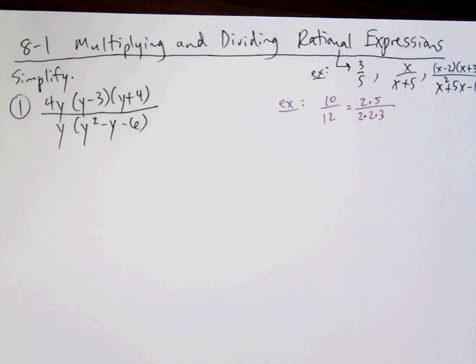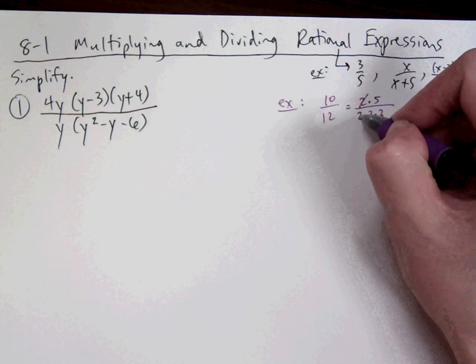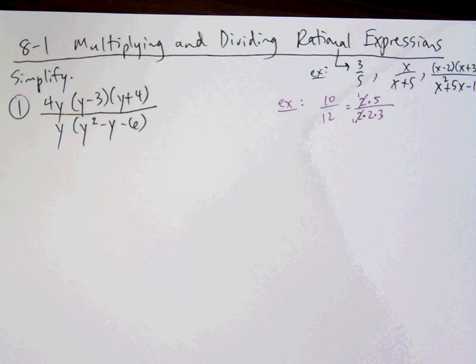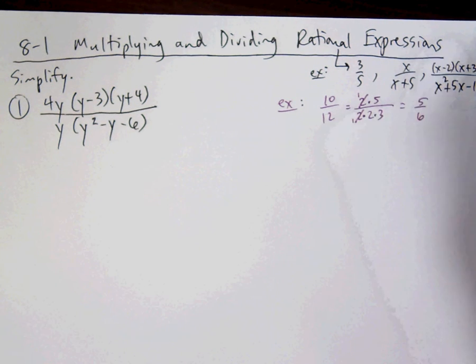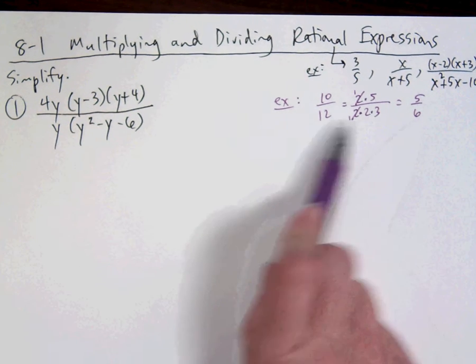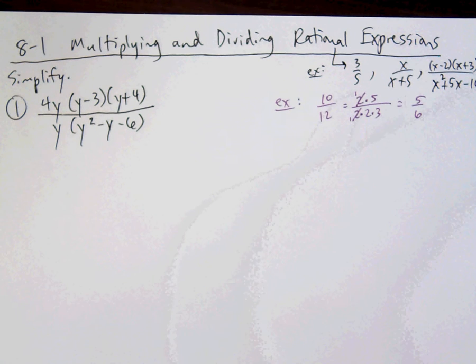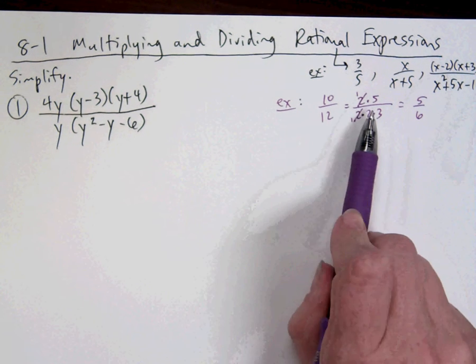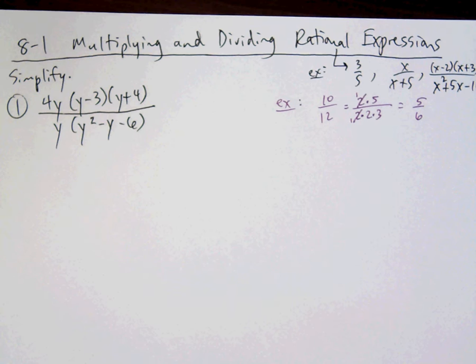So since those are all being multiplied, then I can get rid of 2 over 2 because it's really the same as 1 over 1, and reduce down to 5 over 6. And I know that seems like the long way because most of us are like, oh, well, I would just divide by 2 and get to 5 over 6, but I'm trying to show you how you actually simplify. And the key is things have to be being multiplied to simplify, not added and subtracted.